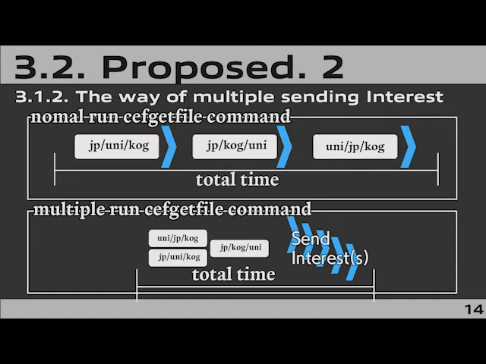To implement it, we use the multiprocessing library in Python and execute the cefgetfile command in parallel. In the specification of Cefore, the maximum parallelism is 15 when the multiprocessing library is used. Therefore, if there are more than 15 content name interest packets to be generated, the implementation involves multiple parallel executions.